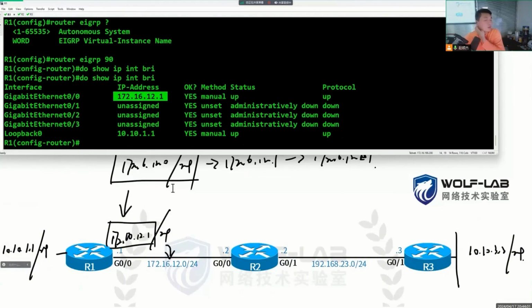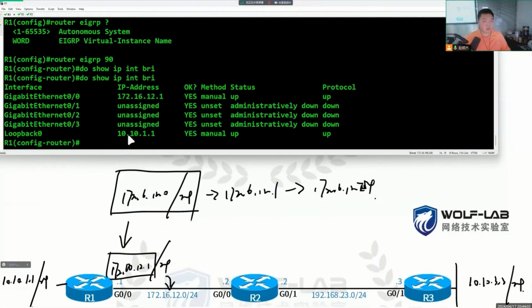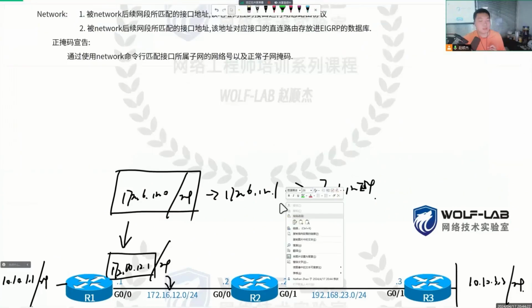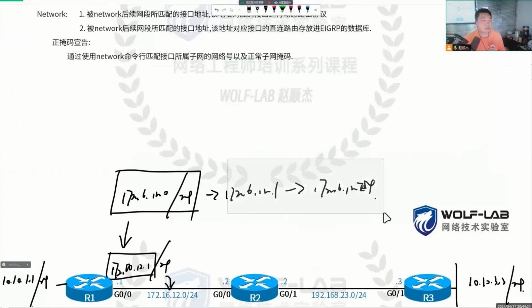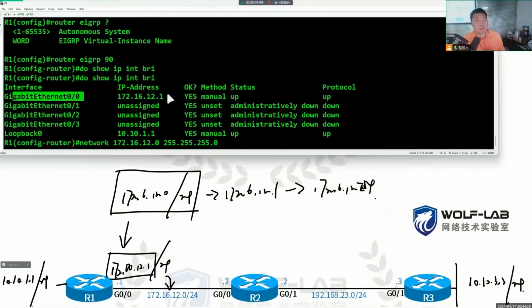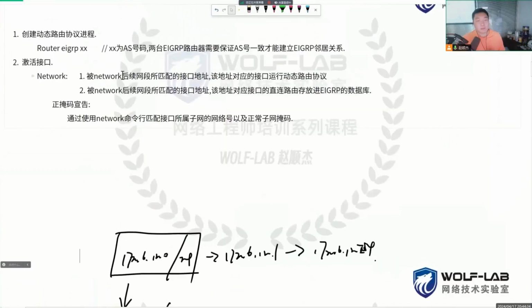Match a network segment through the network command line. This network segment 172.16.12.0/24 includes IPv4 addresses from 172.16.12.1 to 254. So on the R1 router, we have an interface address 172.16.12.1 matched by the network segment.